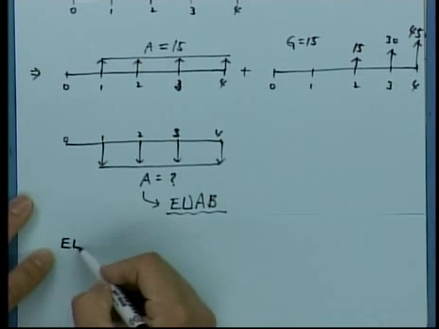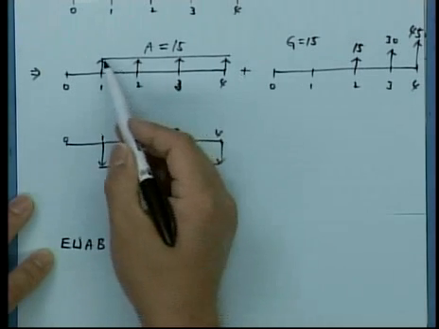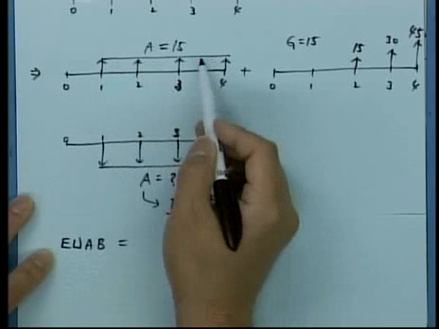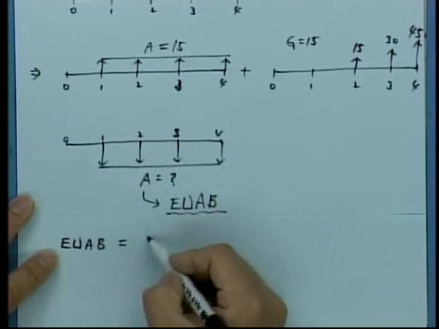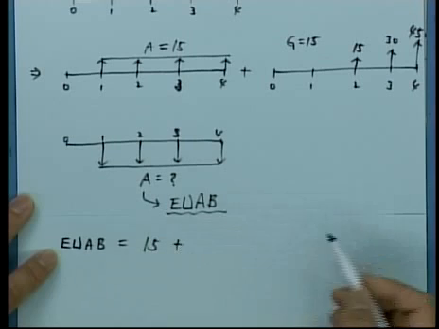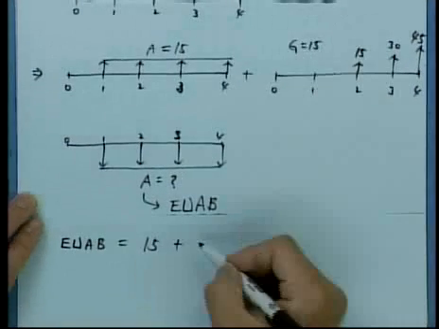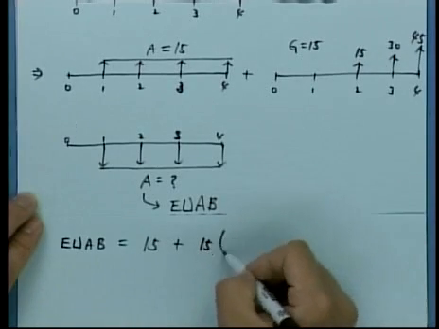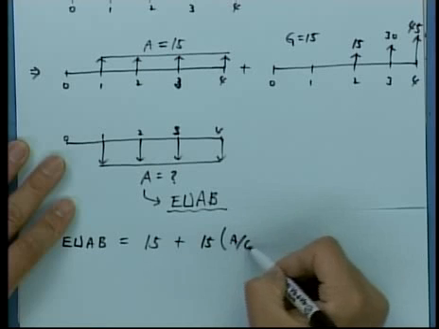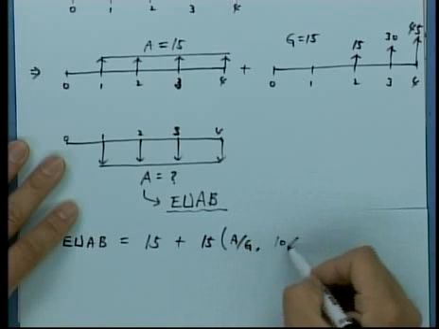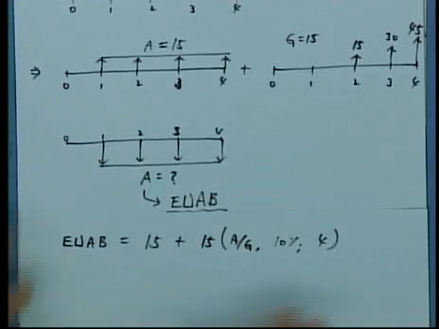Here, equivalent uniform annual benefit would be $15 plus arithmetic gradient of $15 times A given G, 10% over 4 periods.